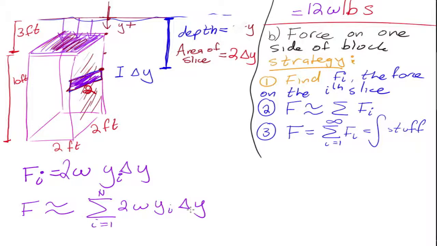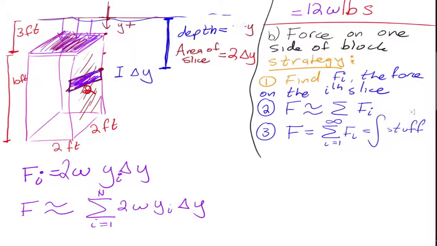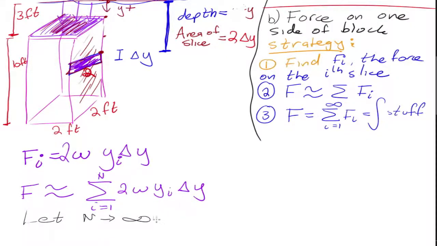And what do I do to find the exact value of the force? Yep. So we let n go to infinity. Then what happens to delta y? Goes to 0.